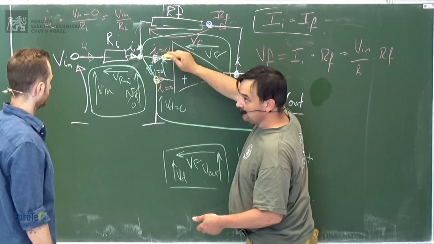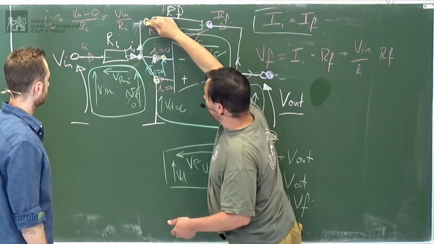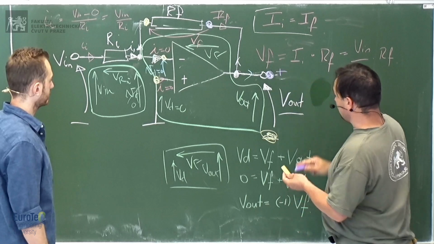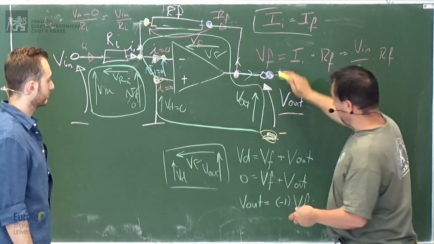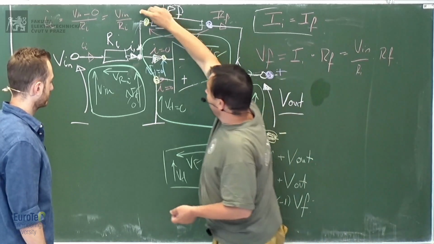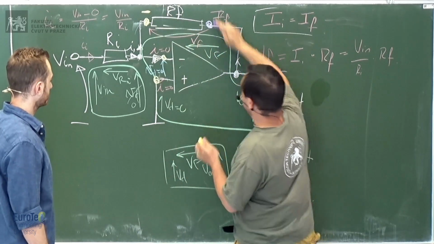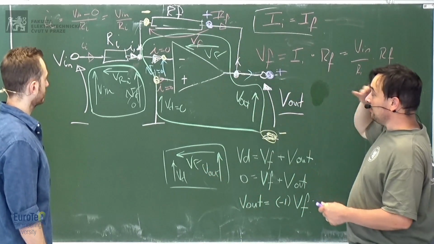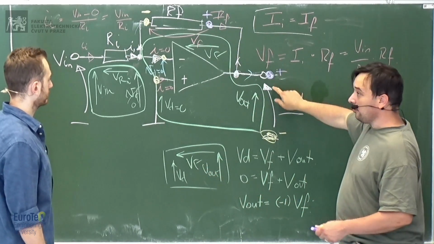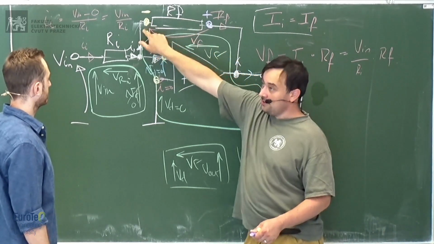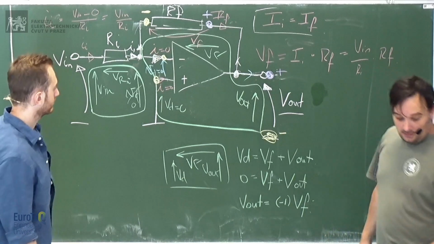So this point and this point are the same potential, and here, the same potential. If I give you plus and minus, plus is the purple and yellow is the minus, here I have the minus, and here I have the plus. So the polarity is flipped. Here the arrow points at the plus, here the arrow of VF points at the minus.